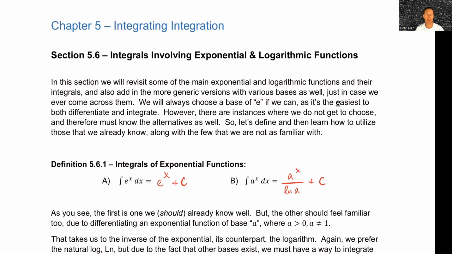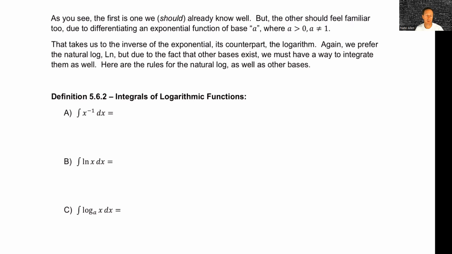So let's move on to logs. Now you'll notice the first one in this definition, 5.62 part A, is x to the -1, or better known as 1 over x dx. Now, should you know what originally we would have had, that when we took the derivative, we got that?